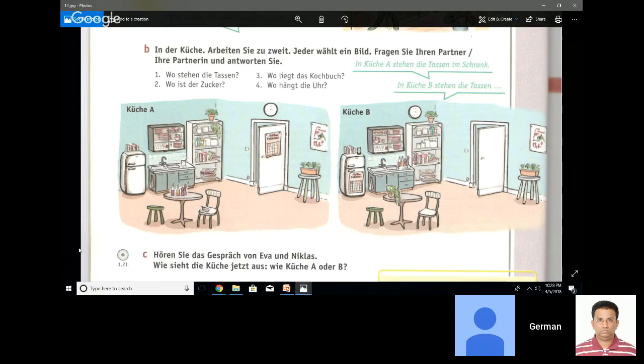Oh, okay. Are you saying in one Tasse? In one cup. Then please repeat the answer once again. Der Zucker is in the Tasse. Okay. And which case are we using over here? Accusative or dative?